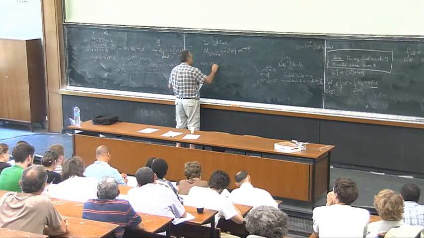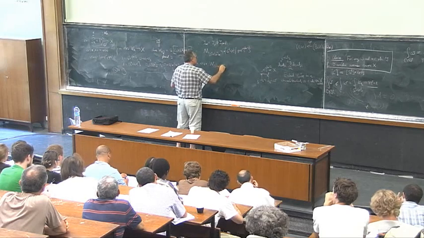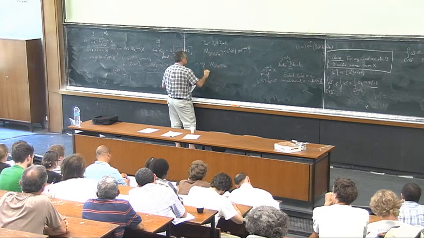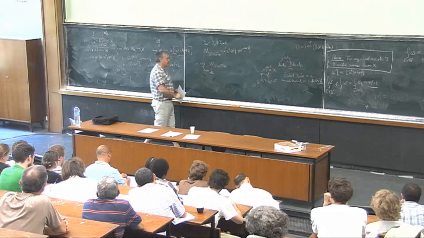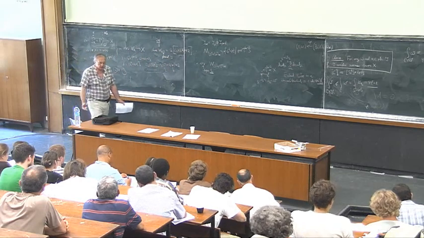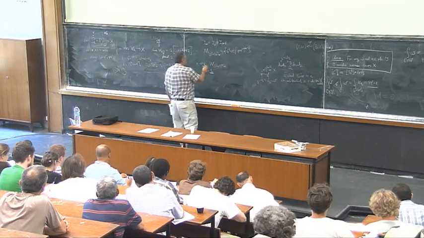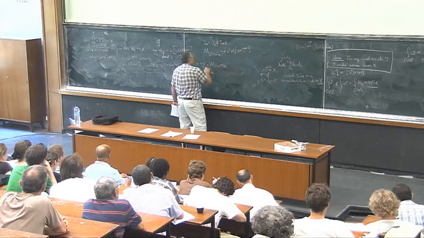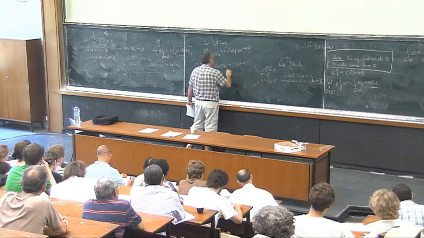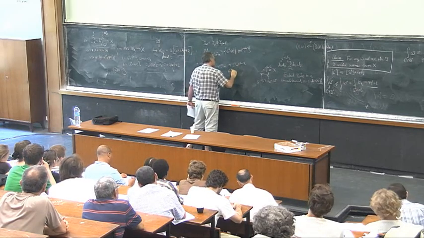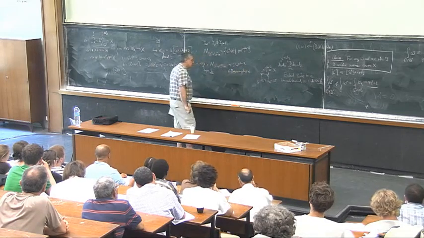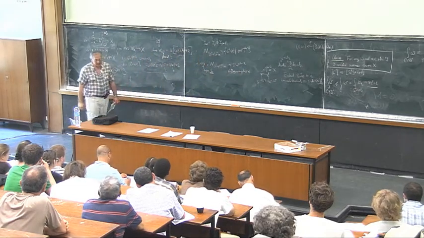So in this case the evaluation map has degree 1, because it is an obvious diffeomorphism from this space to our X. So this is a special feature of the problem, because degree is invariant under cobordisms.